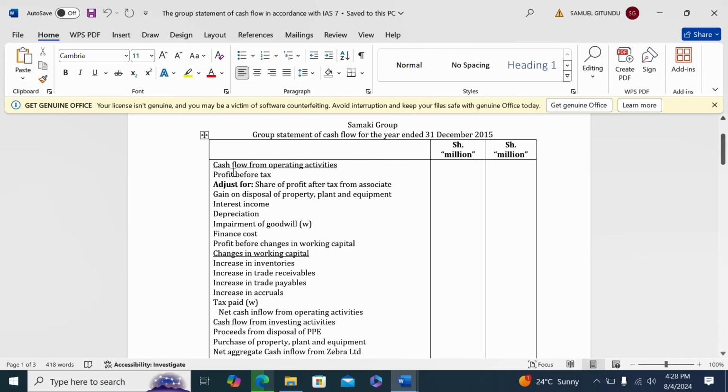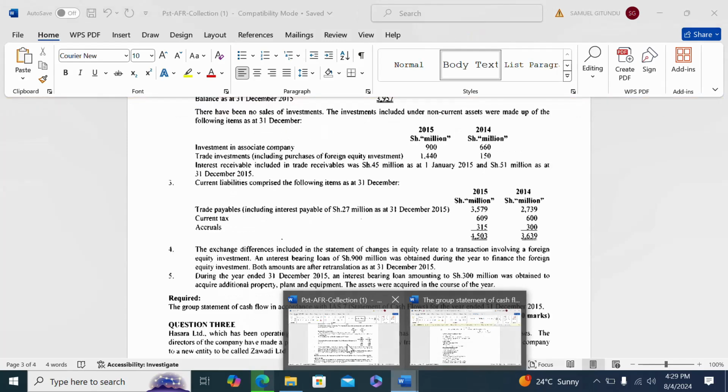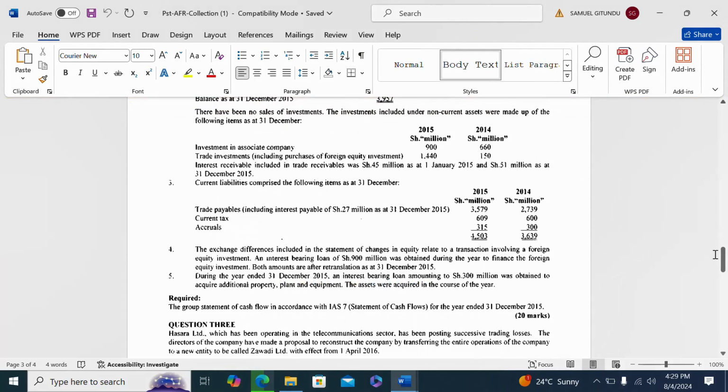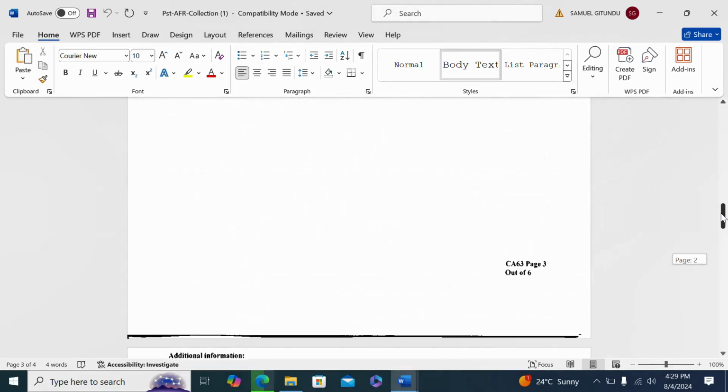We usually start with cash flow from operating activities, and from operating activities we start with the profit before tax. So how much was the profit before tax? We can check that quickly from the question.